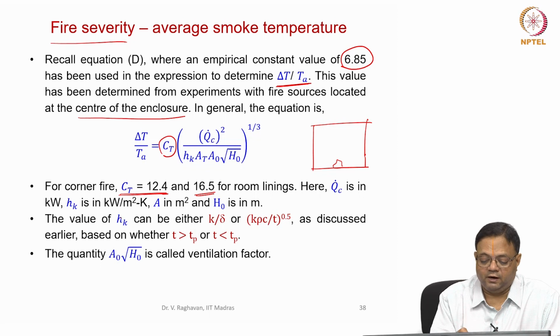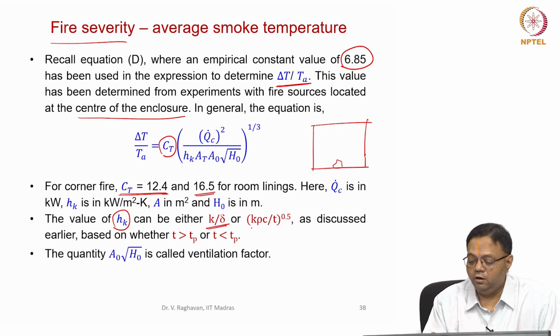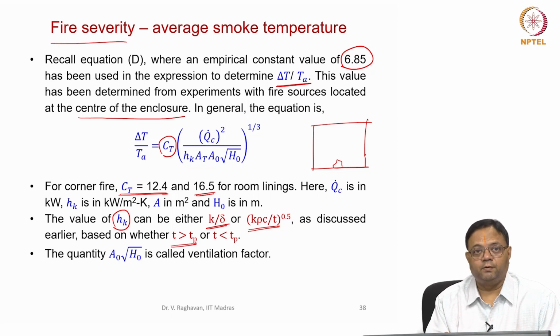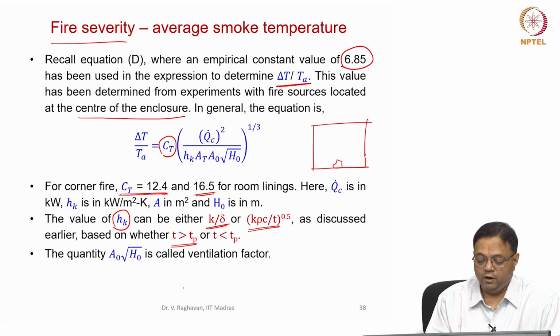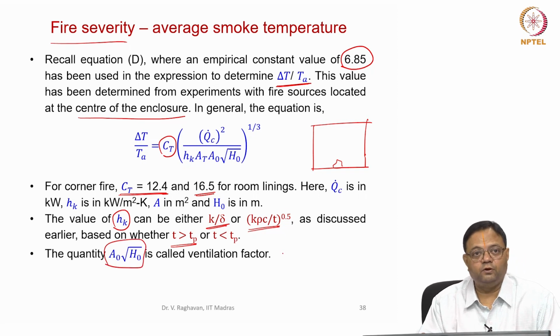Now please understand that Hk can already be determined either as K by delta or root of K rho C by T, based upon whether the thermal penetration time is greater than T or less than T, and this factor A0 is the total vent opening area, into root H0.